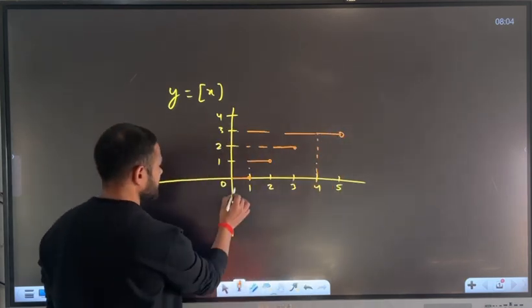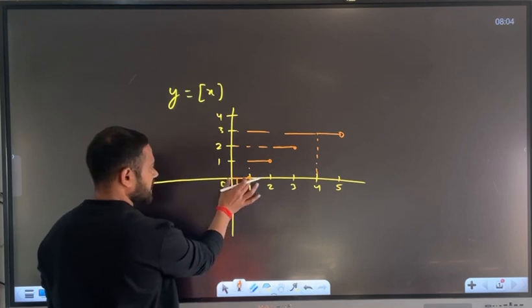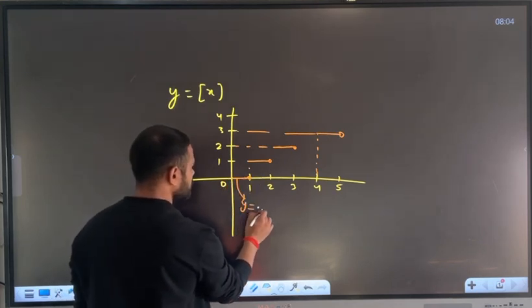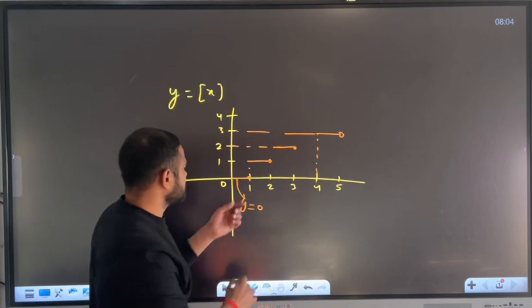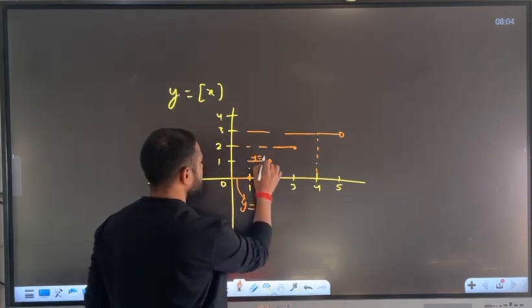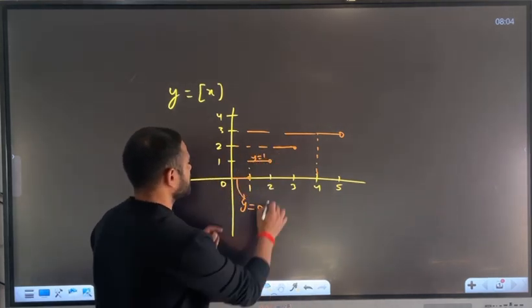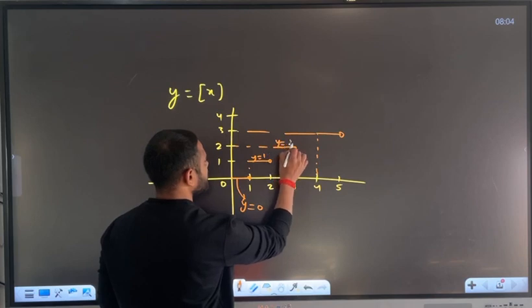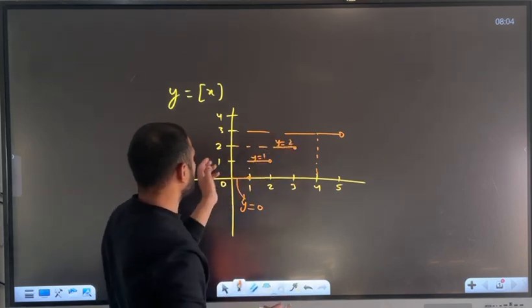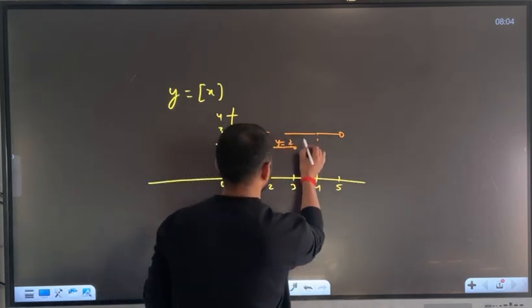Clearly it is visible that on this branch y is equal to 0, on this branch y is equal to 1, on this branch y is equal to 2, and on this branch y is equal to 3.